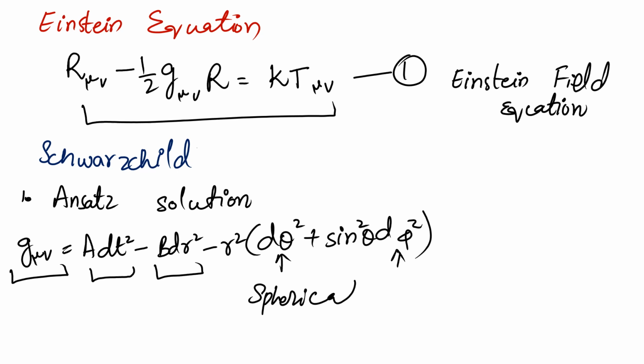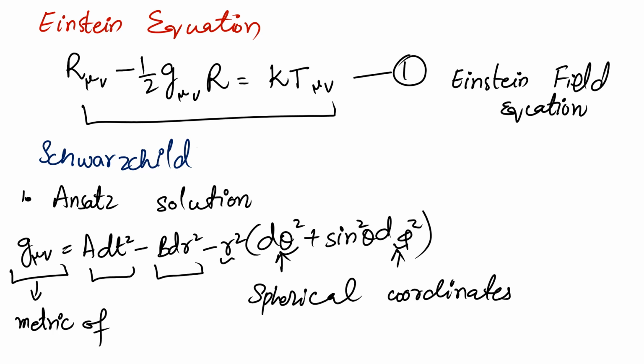We can clearly see that, because it is in r, theta and phi. We will discuss it in more detail. This g mu nu gives the metric of space-time.